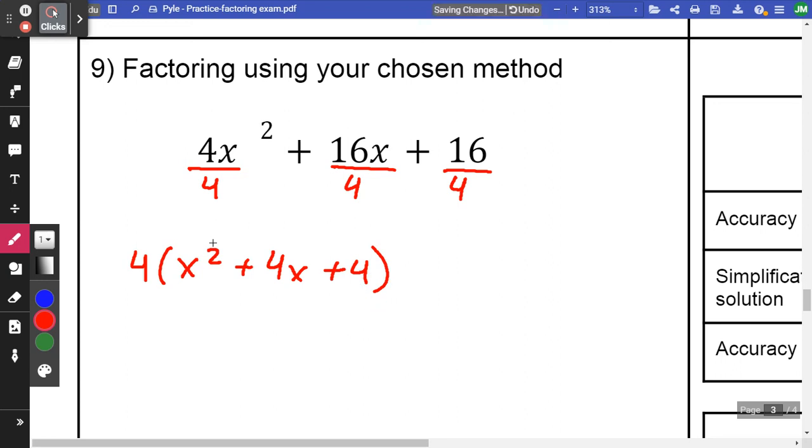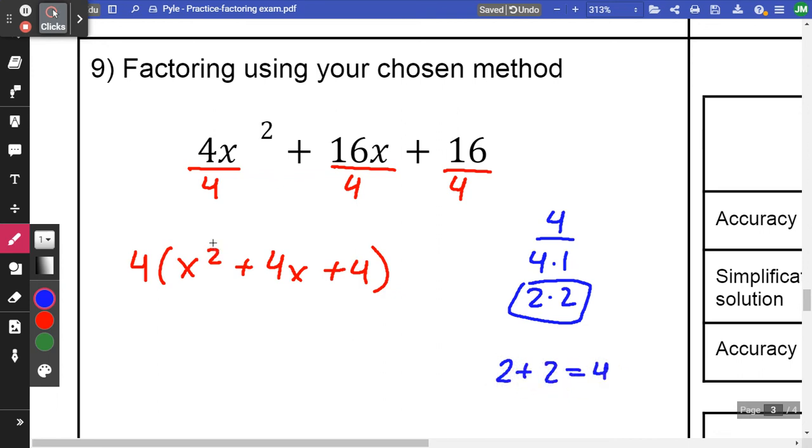All right, so now we're going to list out all the factors of c, which include 4 times 1 and 2 times 2. And the only ones that add up to 4 are 2 and 2. That is, if we make 2 positive and 2 positive, they add up to 4.